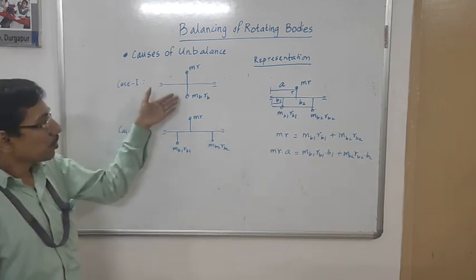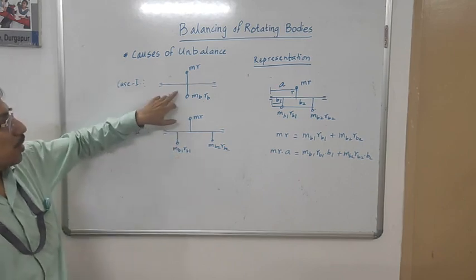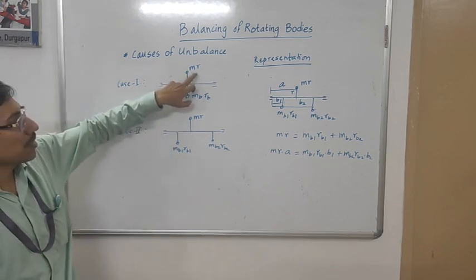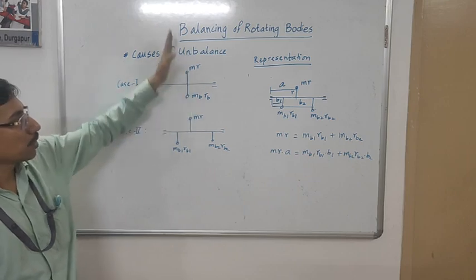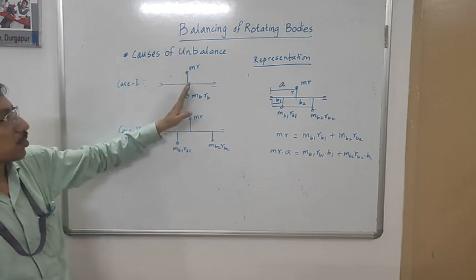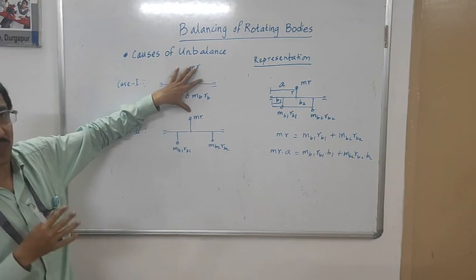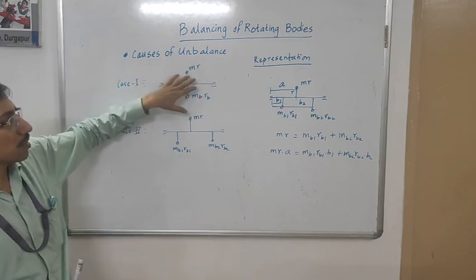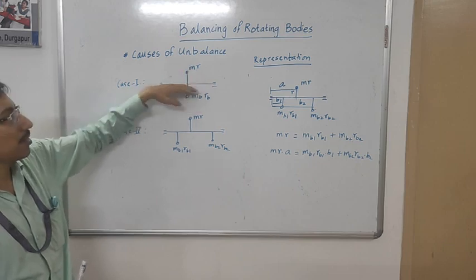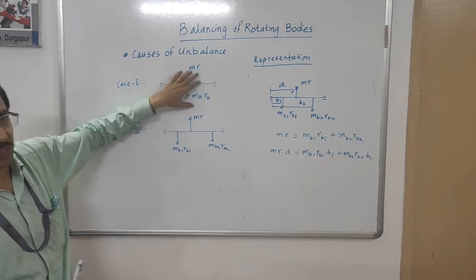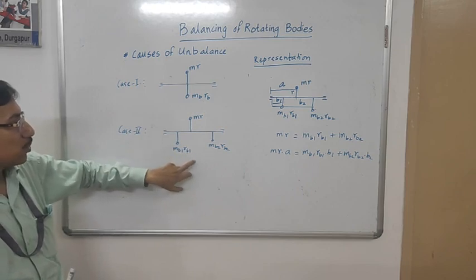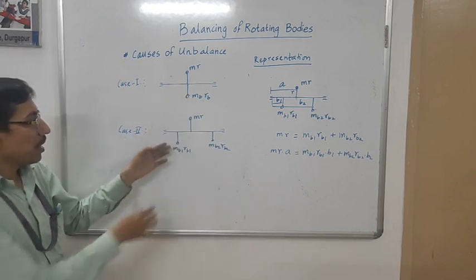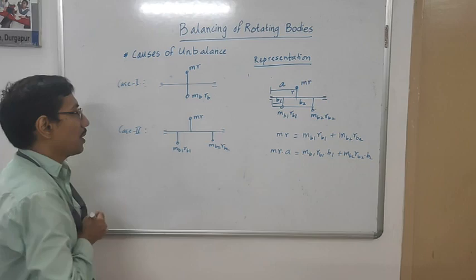Now we would like to observe these two things. Here what we find is that due to the application of this force and this force, both in diametrically opposite directions, these two forces balance each other perfectly. So there will be no stress developed in this shaft due to the presence of this. But here what we observe is that this force is acting here and these two forces are acting on two different planes.